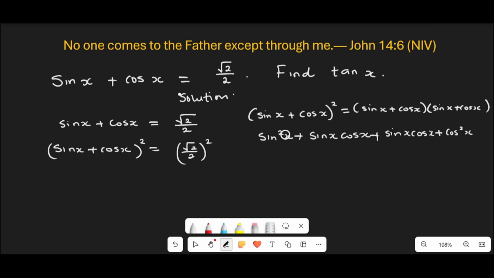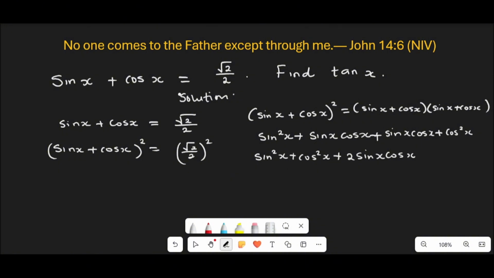Here we have sin square x, here we have cos square x. So you can say sin square x plus cos square x. Here we have sin x cos x plus sin x cos x. If you add it together, we are going to have plus 2 sin x cos x.